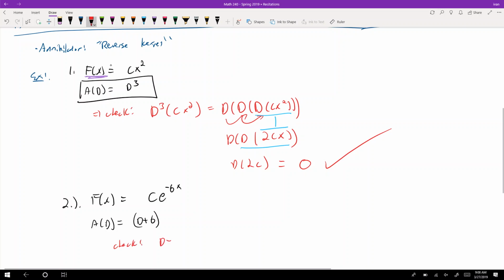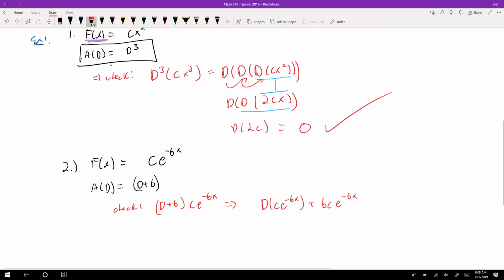D plus 6 applied to c e to the negative 6x. What happens? Well, let's distribute that D. So this is D times c e to the negative 6x plus 6c e to the negative 6x. I just distributed the linear operator. And now, what is the derivative of c e to the negative 6x?